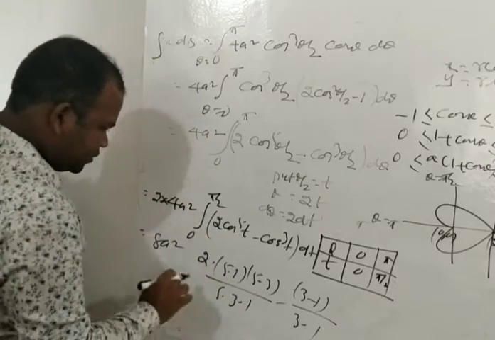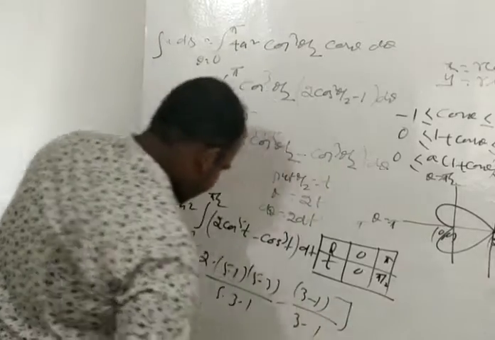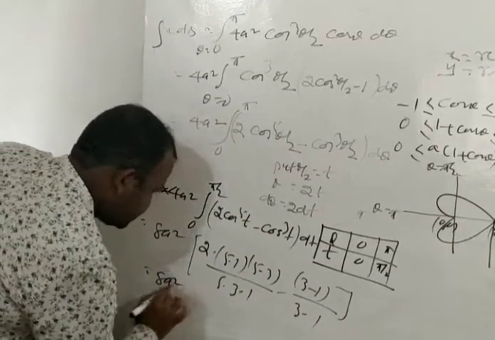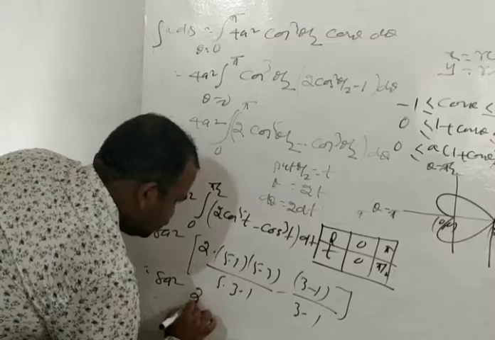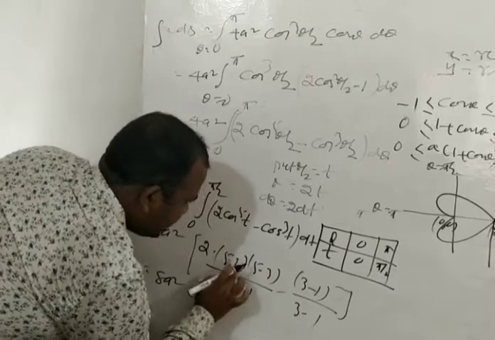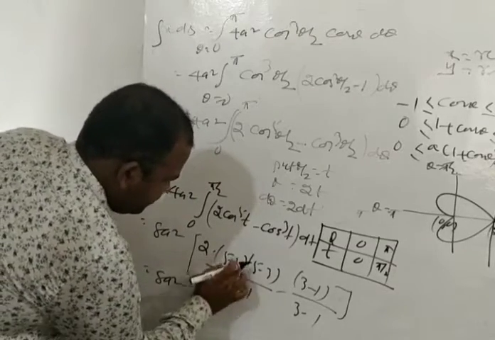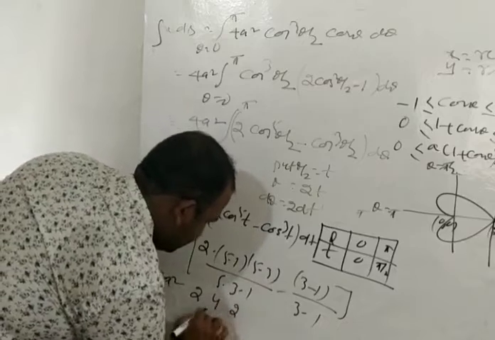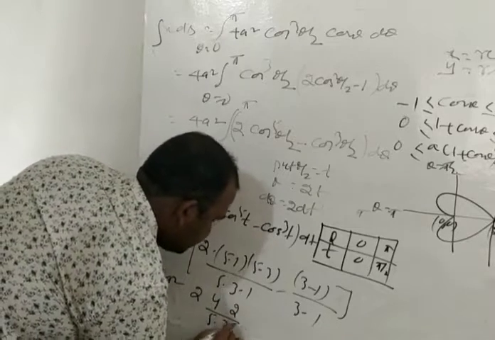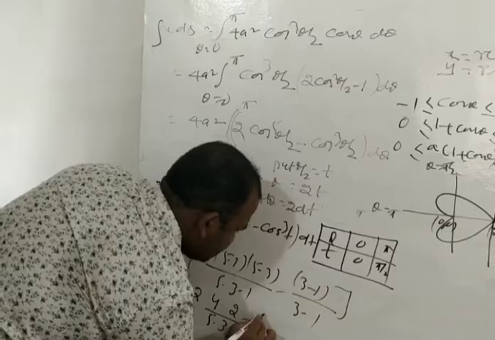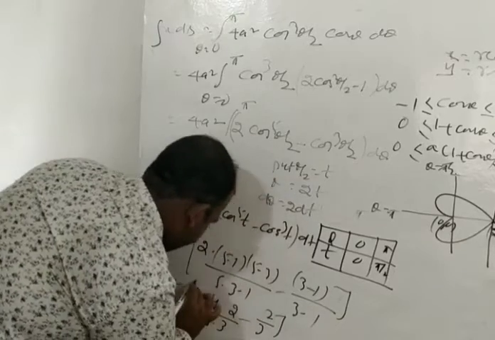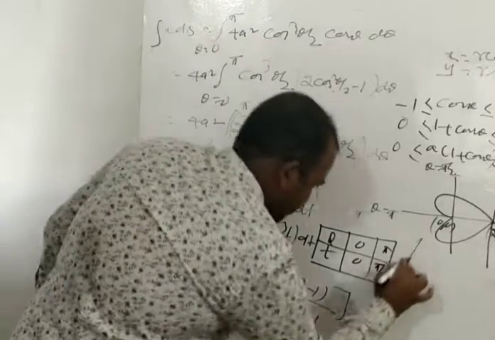So now this is 8a square, times 2 into 4/5 into 2/3, minus 2/3.